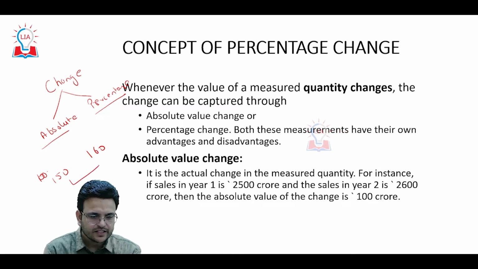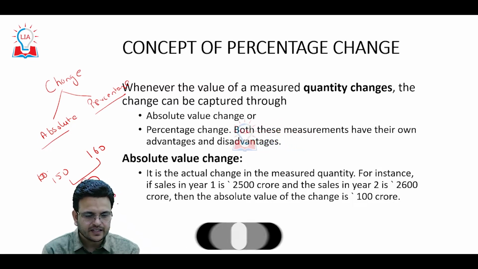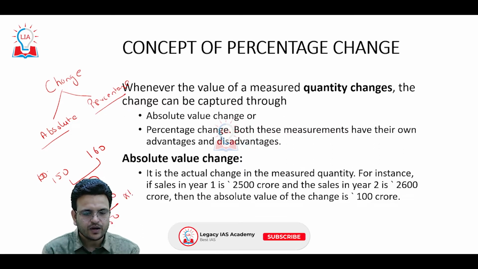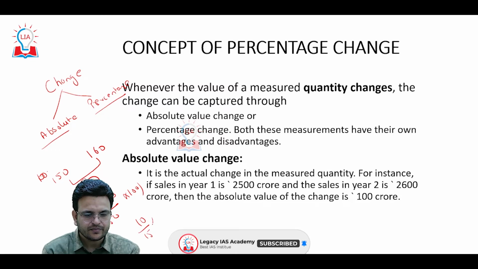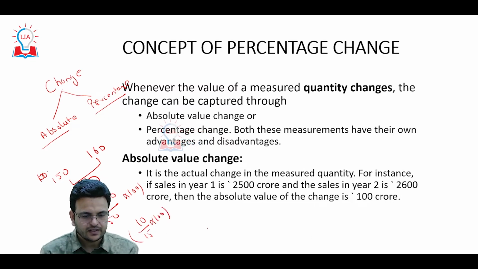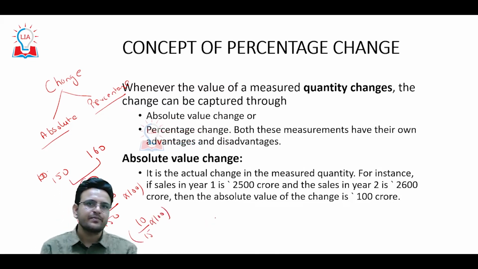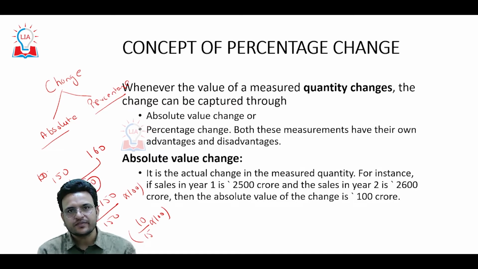Absolute, how much change? 10. When we talk about percentage, it will be 160 minus 150 upon 150 into 100, which is 10 upon 15 into 100. So absolute change and percentage change are two different things.